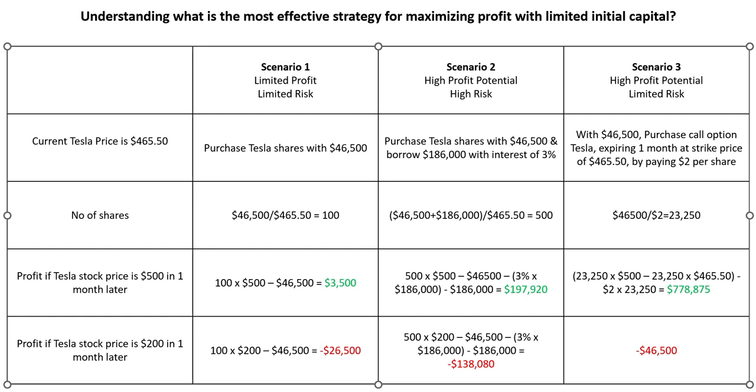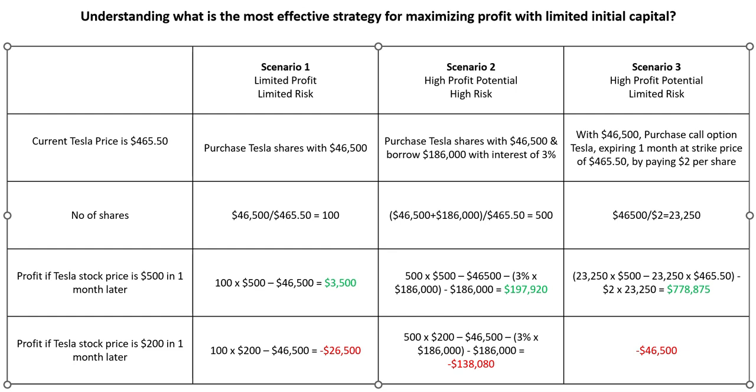Next, with debt for scenario 2, it is actually a double-edged sword because it definitely can increase your gains exponentially when the stock moves in your direction. But you can also incur big losses that go beyond your initial capital, meaning that you may end up not only wiped out but also owing money.